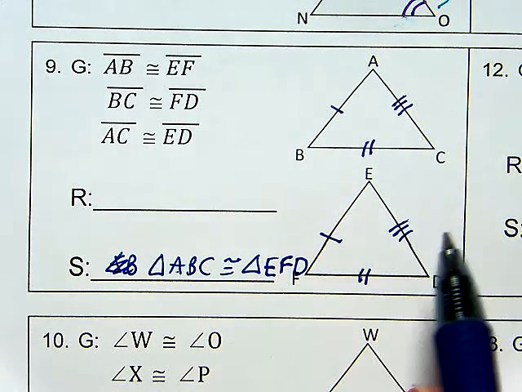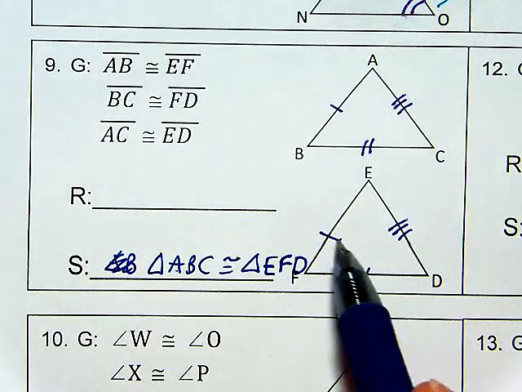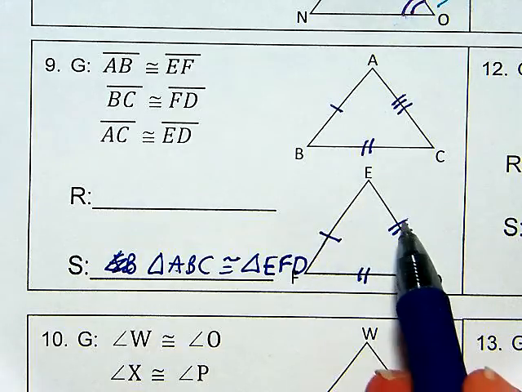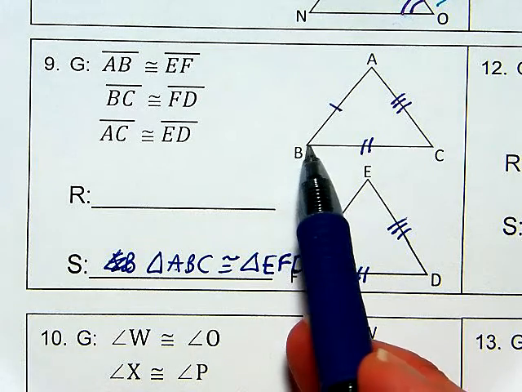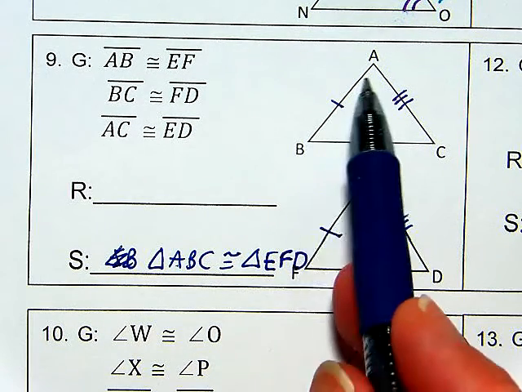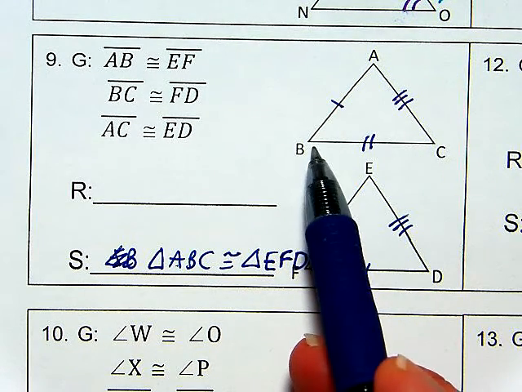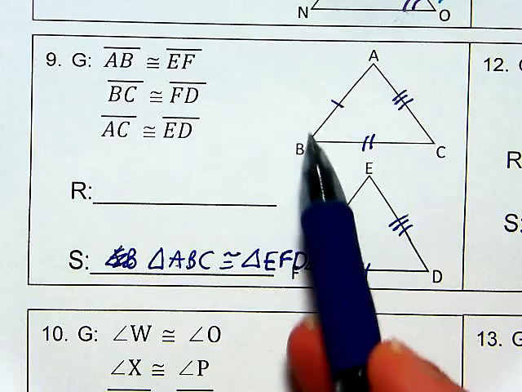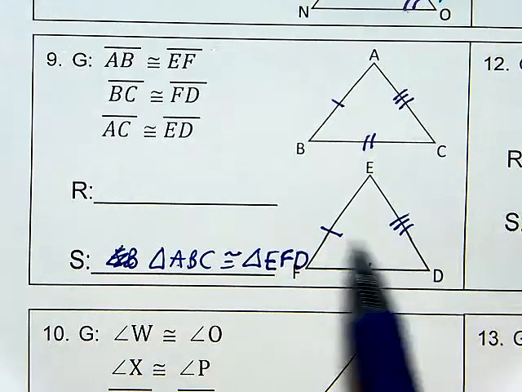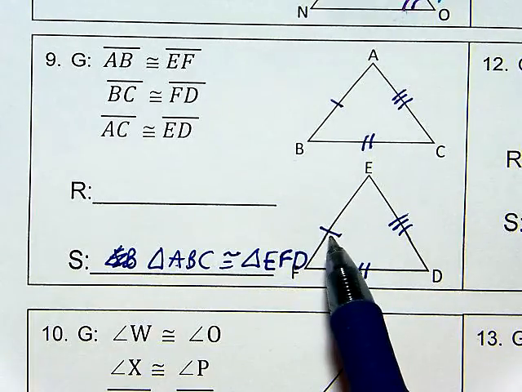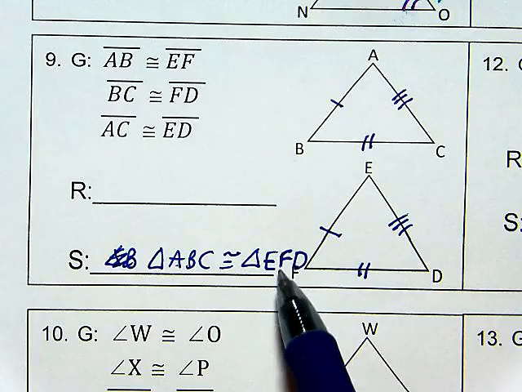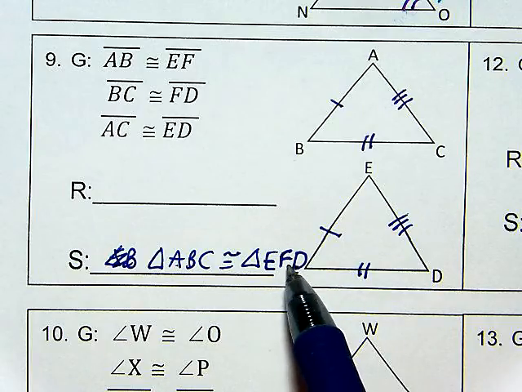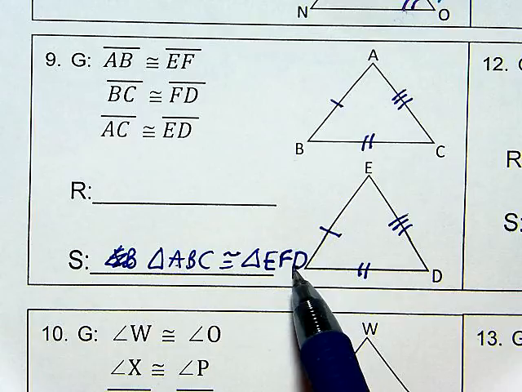So we have to find which vertex is between the single mark and the triple mark, and here that would be E. We could go to B and notice that B is between the single mark side and the double mark side. It's the angle included between those two sides. So let's locate in the second triangle the single mark and the double mark and look at which angle is included between them. That would be F. So F would correspond to B, and finally the only one left over would be D.